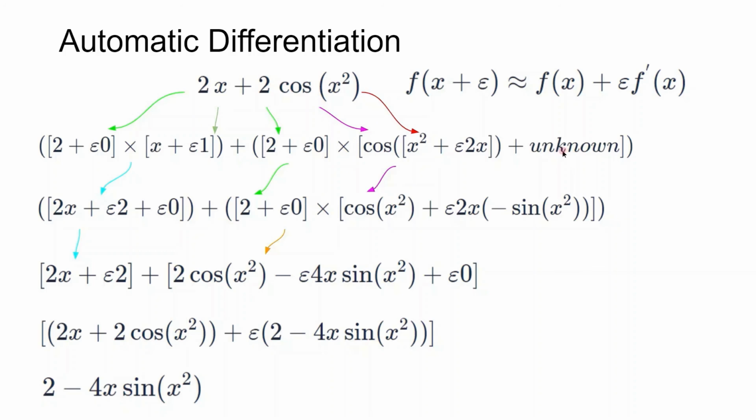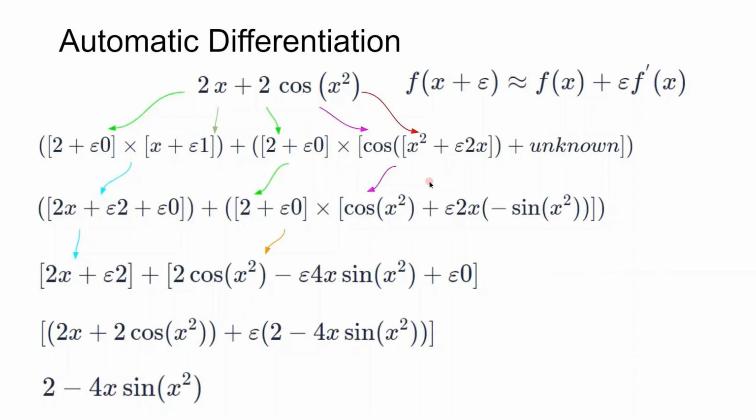So the derivative will be written as unknown at this stage, but there is a rule in the SICMUtils library that says that if you have a function and the argument to the function is itself a dual, then we can write out that function as the first part of the dual will be the function called on the argument without the dual representation, and the second part will be the derivative of the function on the argument without the dual representation.